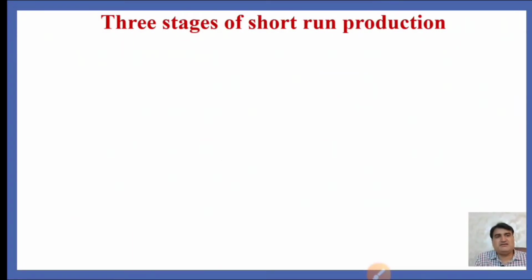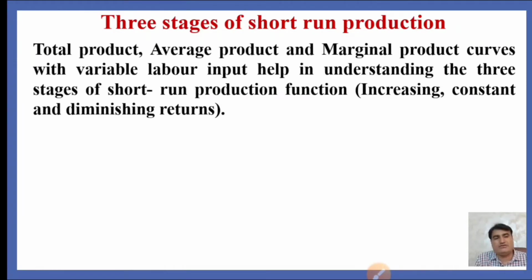There are three stages of short-term production: increasing return, constant return, and diminishing return. We have already discussed in detail in our videos what the law of diminishing return, increasing return, and constant return are. We are very familiar that increasing return is also known as the law of decreasing cost, constant return is also known as the law of constant cost, and the law of diminishing return is also known as the law of increasing cost.